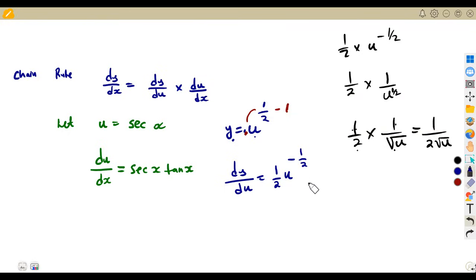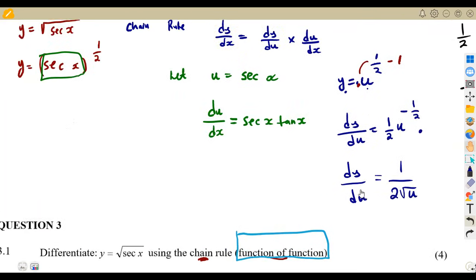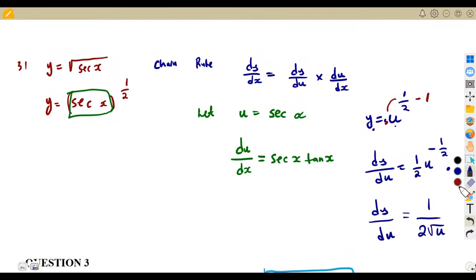So this is what we are going to have at the end. If we simplify this part here, we have the derivative of y with respect to u as 1 over 2 the square root of u. All right. So this is what we have, and we are going to conclude now that since we have the derivative of u with respect to x, and also of y with respect to u, which are the parts of our formula here, therefore we are going to substitute.